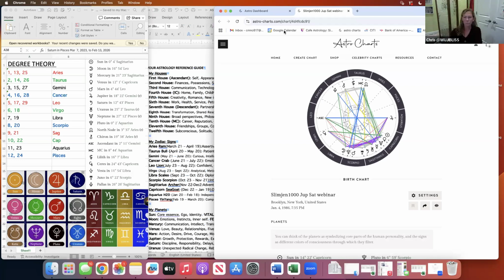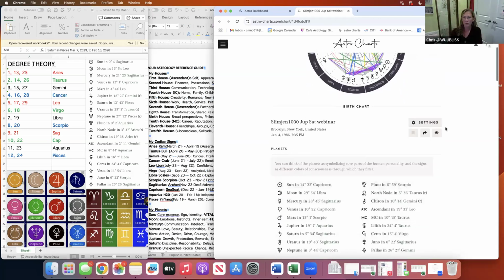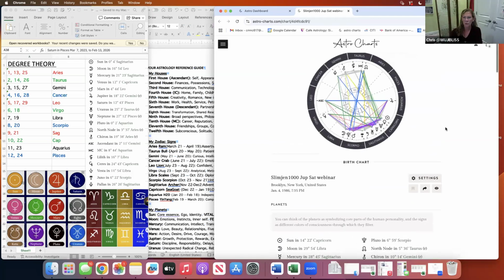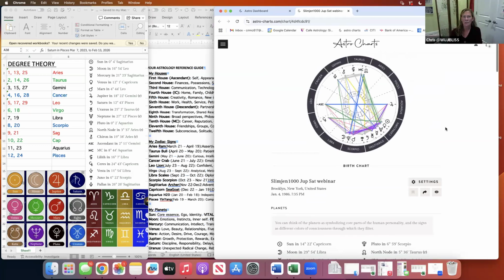And the 7th house, which is where your Jupiter is, is about relationships, how you relate to one other person, whether it's a friendship or a coworker or a partner in business.